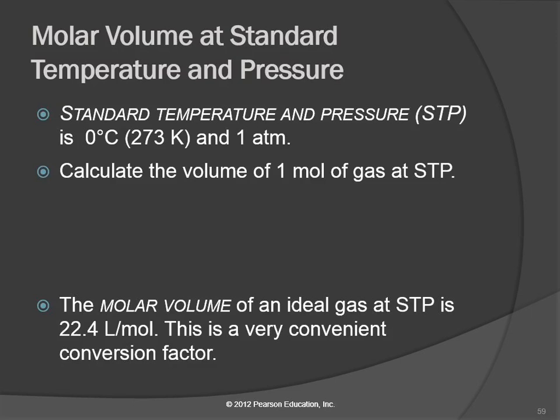So let's calculate the volume of 1 mole of a gas at STP. Well, how do we calculate the volume of a gas? PV equals nRT. So we're going to rearrange this and solve it for V. Volume of 1 mole.